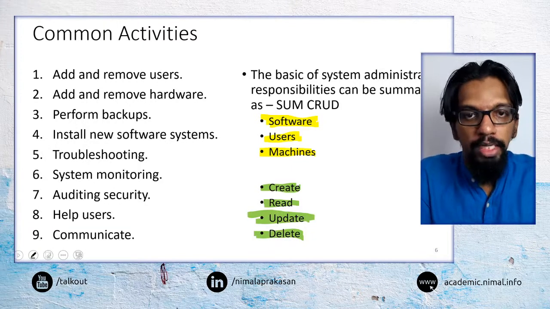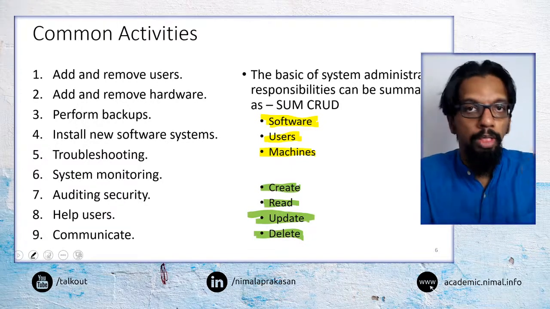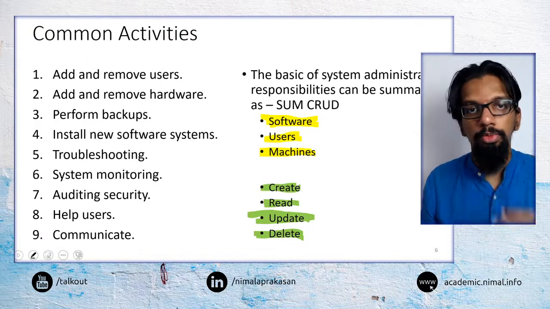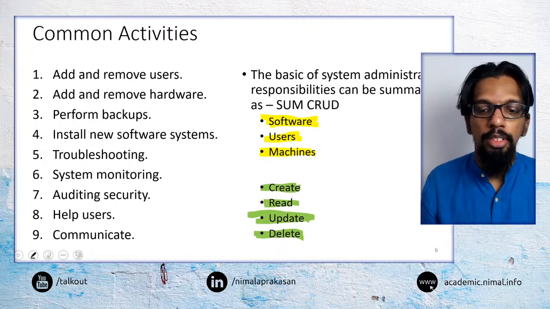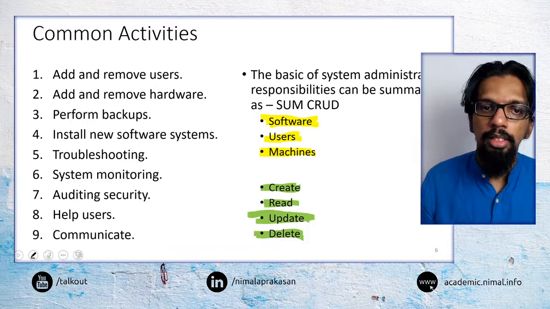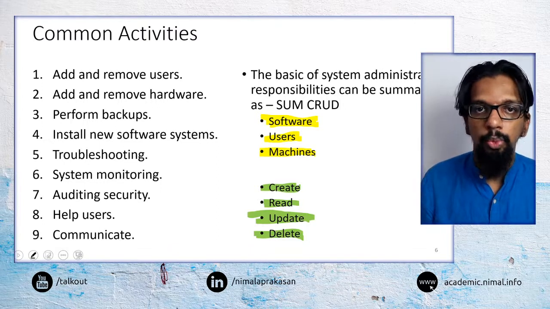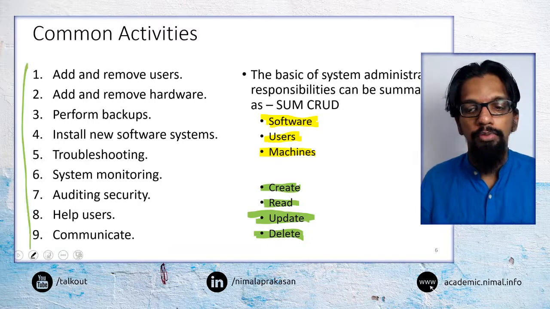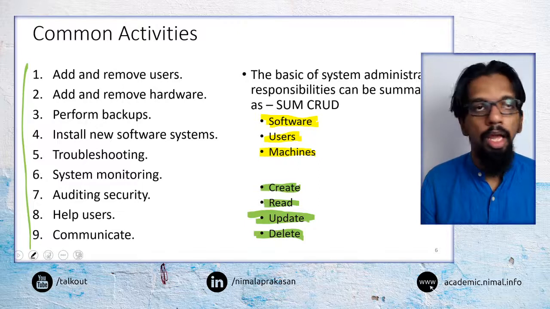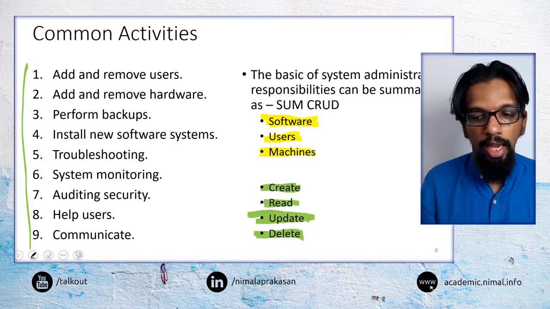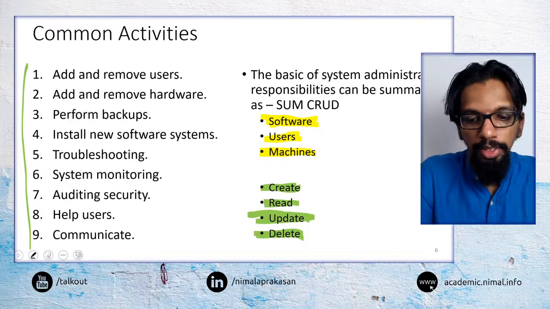All these types of activities can also apply to those three types of things, so software, users, and machines. So we can summarize those are the main things that system administrators would do in an organizational environment. Now we will briefly go through this list of activities, and we will look at one by one what some of the activities that can happen in those situations.